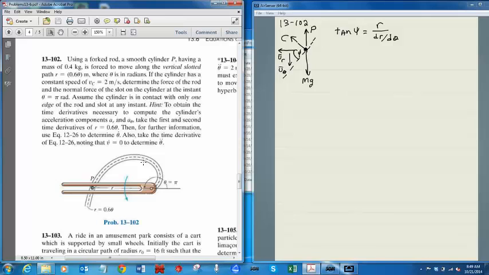So in this particular problem, we're given an equation for the spiral, or whatever the thing is called, and it's r equals 0.6 theta. So the derivative of r with respect to theta is equal to 0.6. So that's equal to the tangent of psi. And if you take the inverse tangent, pause for a minute while I do that.